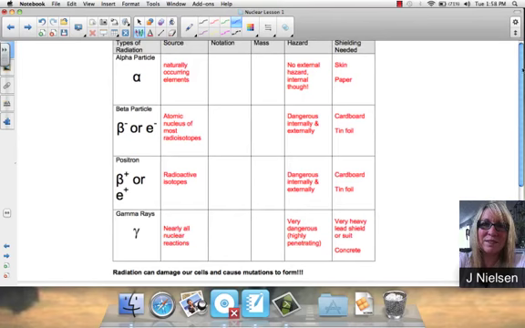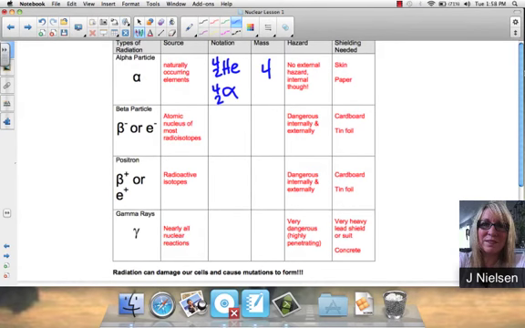Okay, so types of radiation. We have alpha decay. The source is naturally occurring elements. Its notation is 4,2 He because it can be a helium nucleus, or it could be 4,2 alpha. It has a mass of 4. No external hazard.